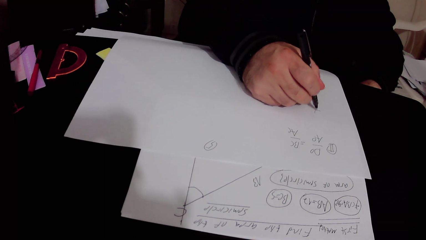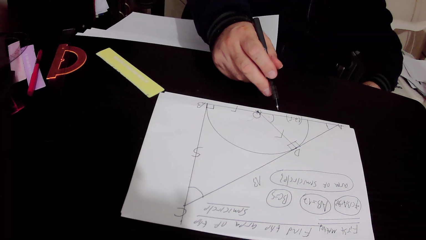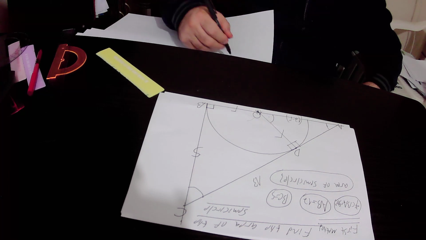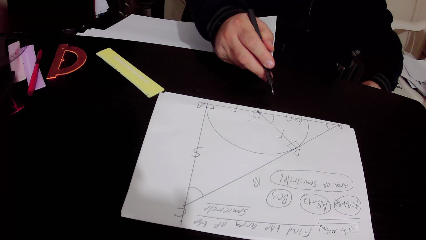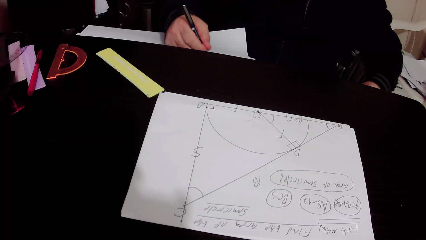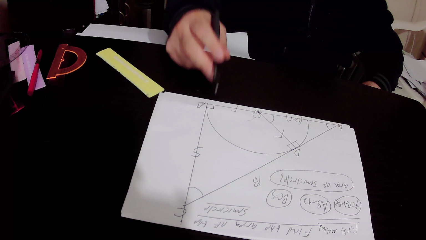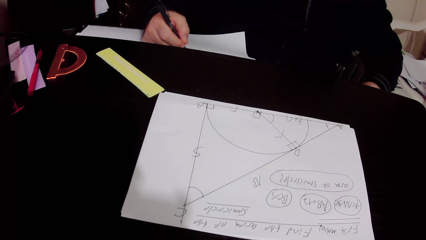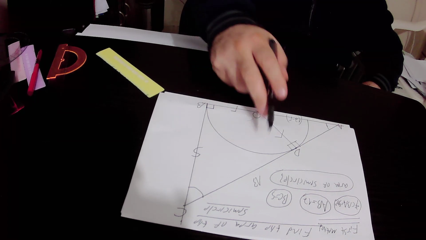So DO is the radius of the semicircle, it equals R. AO, we already found out that side AO of the right triangle equals 12 minus R. And BC equals 5 units. It is given in the question. And we have already found out that the hypotenuse AC of the right triangle ABC equals 13 units.